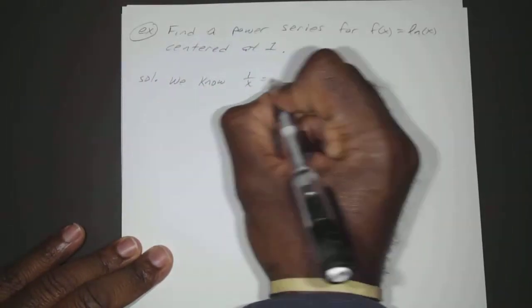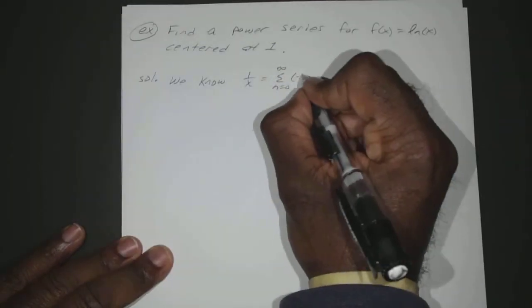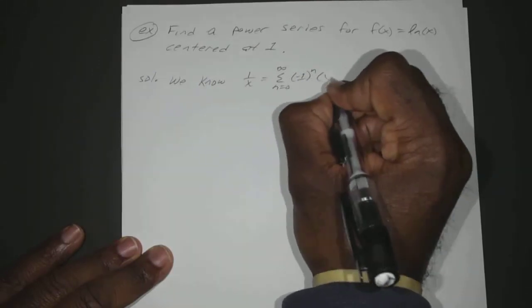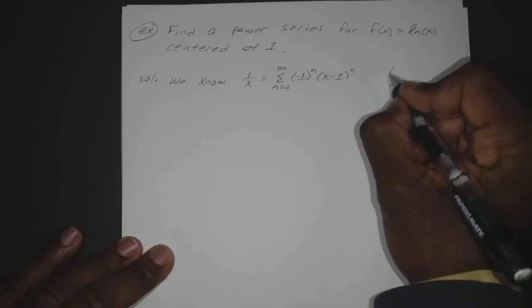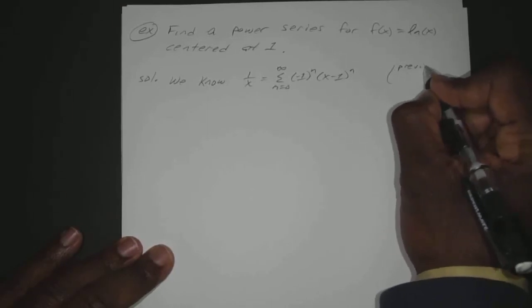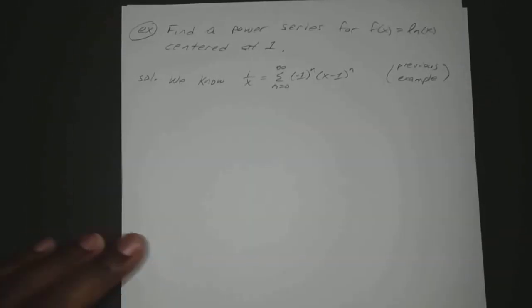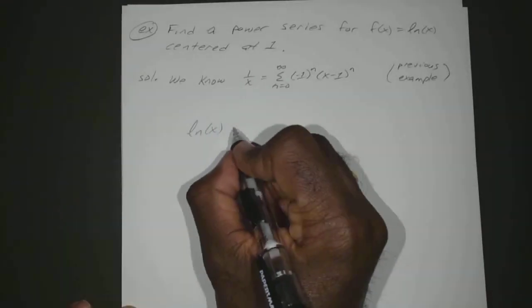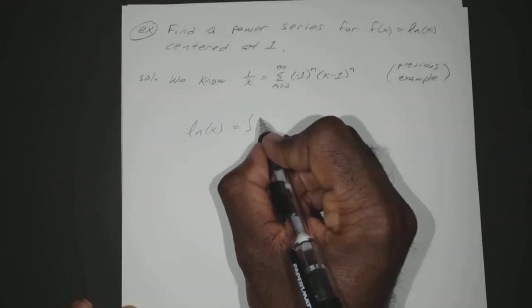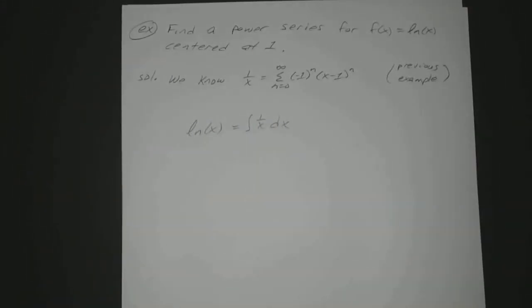that 1 over x is equal to the sum from n equals 0 to infinity of -1 to the nth power times x minus 1 to the nth power, which is from the previous example. Okay. So that means our natural log of x is equal to the integral of 1 over x with respect to x.